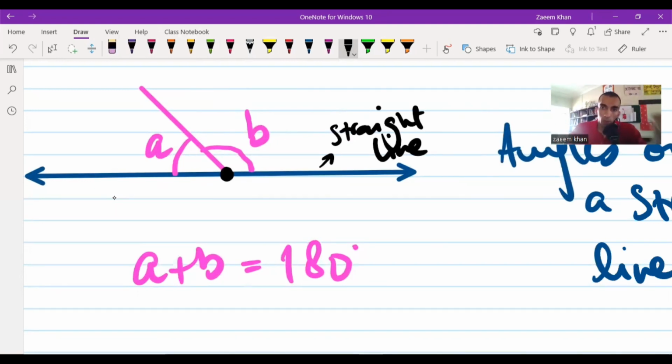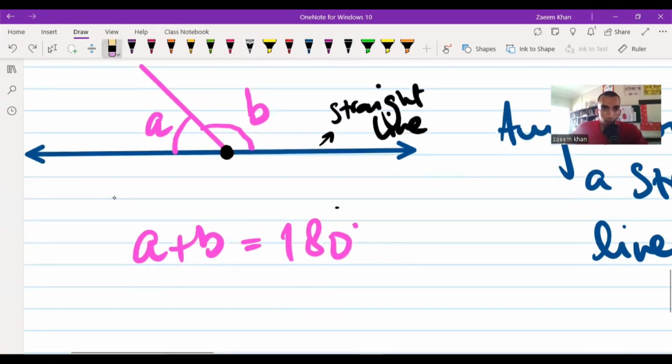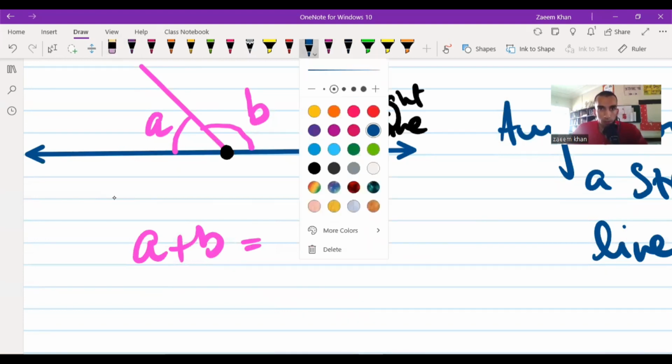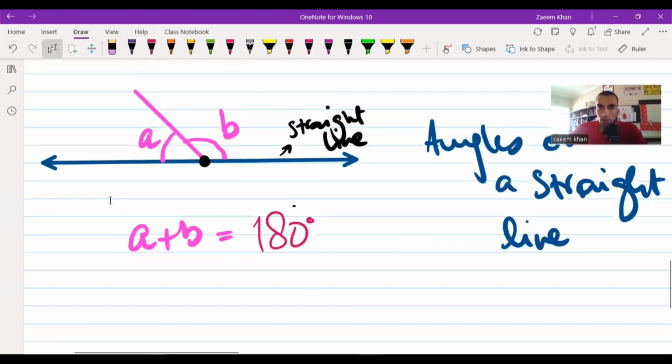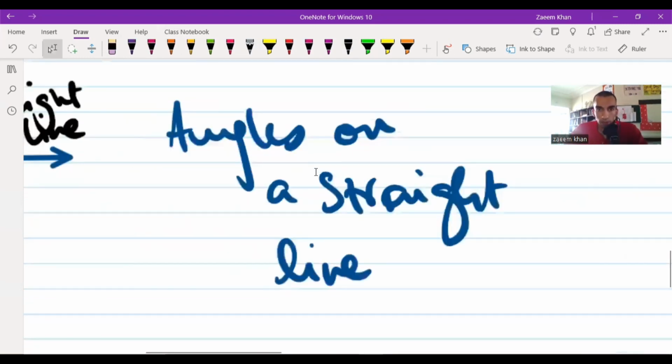What property do we have for such angles? Both of these angles, when added, will take us all the way up to how many degrees? 180 degrees. Simple. That's the concept of angles on a straight line.